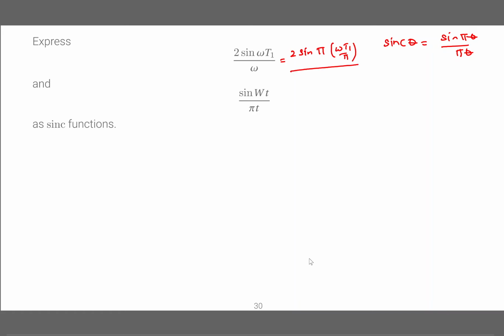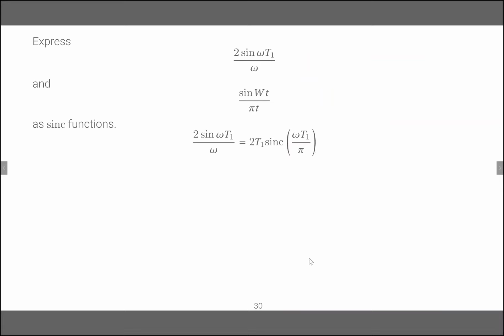So we have to write a similar form here: 1 over t1, times pi omega t1 divided by pi. Therefore you get 2 t1 sinc of omega t1 divided by pi. For the other one, I will directly write the answer. You can verify on your own.